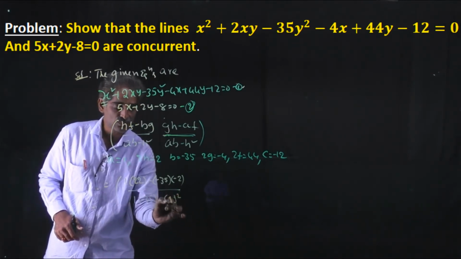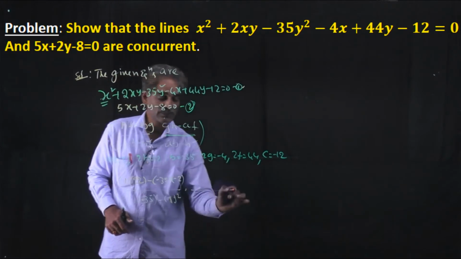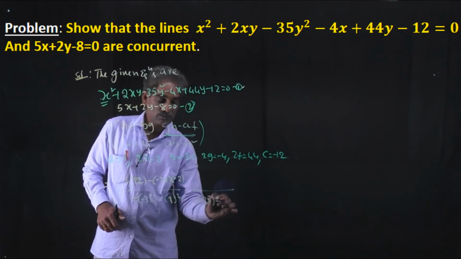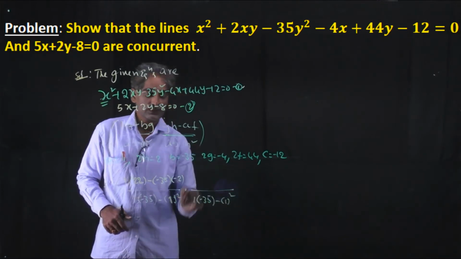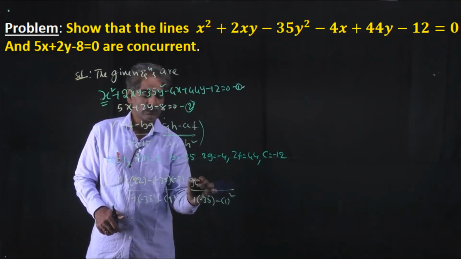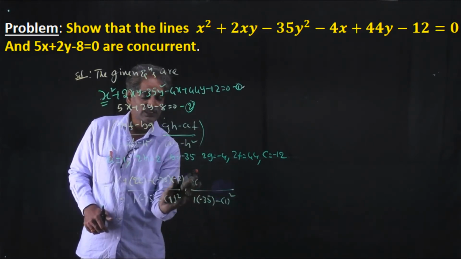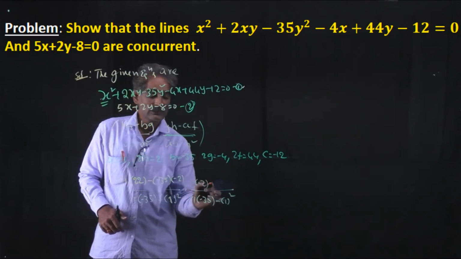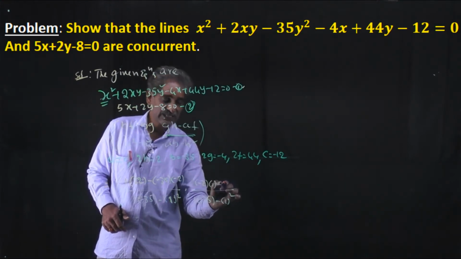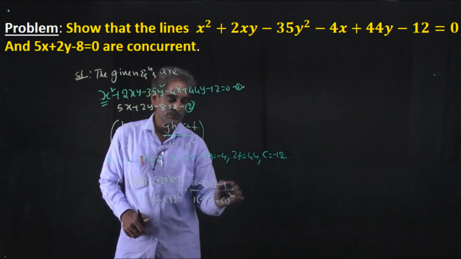The denominator for the second term is also the same, 1 into minus 35 minus 1 whole square. 2g equal to minus 4, so the value of g is minus 2. gh minus af: the value of h is 1, a value is 1 and f is 22.